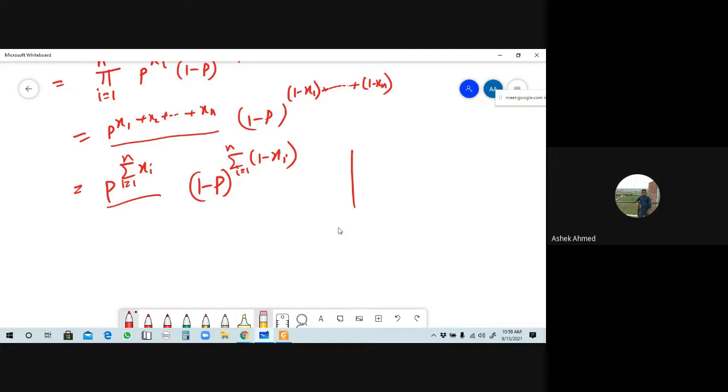If we expand this term, the summation for i equals 1 up to n of 1 minus xi, tell me, if you take the sum on both terms, that will be the sum of 1 for i equals 1 up to n minus the sum of xi for i equals 1 up to n here. Tell me, from the first term, can you say the sum of 1 for i equals 1 up to n, the value will be n. Why n? Tell me.